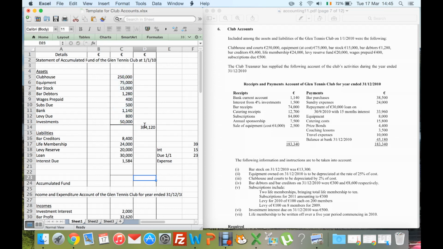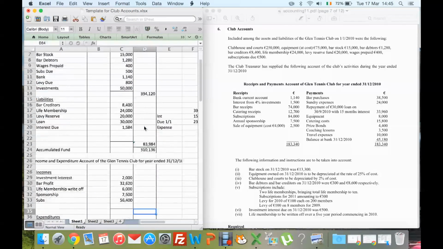Now, writing up our liabilities. So there's the opening accumulated fund. And that opening accumulated fund goes into the balance sheet, so that's D24.